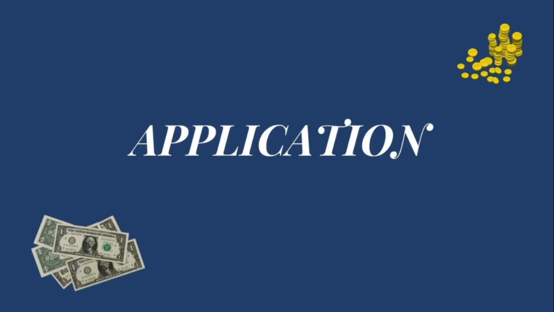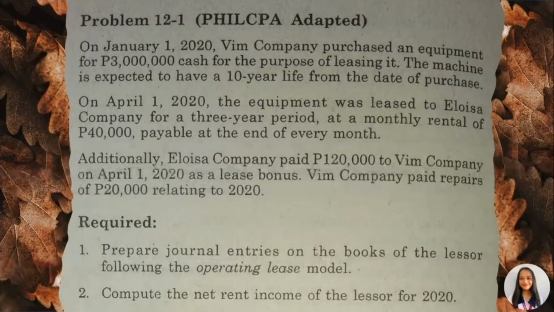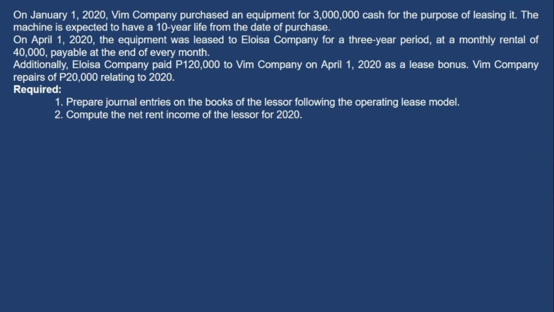For application, problem 1. On January 1, 2020, Vim Company purchased an equipment for $3 million cash for the purpose of leasing it. The machine is expected to have a 10-year life from the date of purchase.